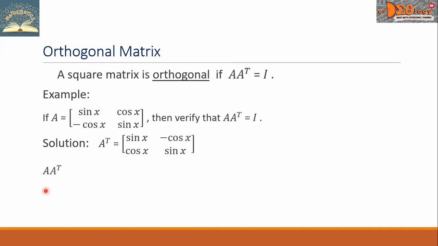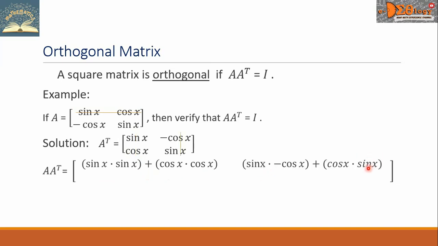Then we're going to multiply A by A transpose. So we will write our matrix blank here and start the row column multiplication. The first row multiplied by the first column gives sin x times sin x plus cosine x times cosine x.